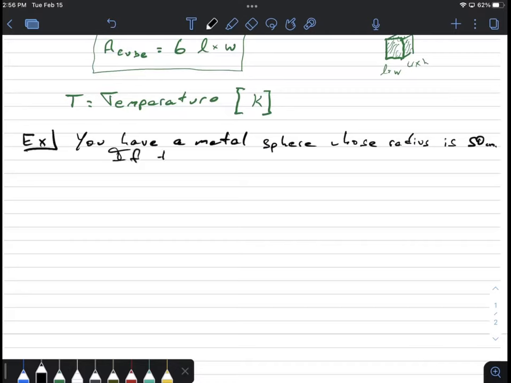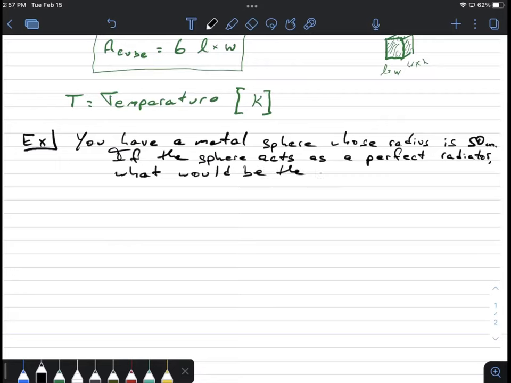If the sphere acts as a perfect radiator, what would be the power radiated if the sphere was at, let's say, 500 degrees Celsius?